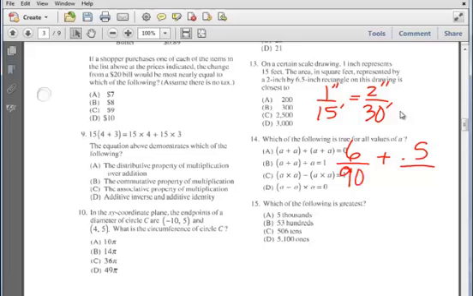Now, this is 0.5 of the original, so it's basically half. What's half of 15? 7.5. So 6.5 inches is how many feet? 97.5. You see what I did there? Sometimes it's easier to do it in half.